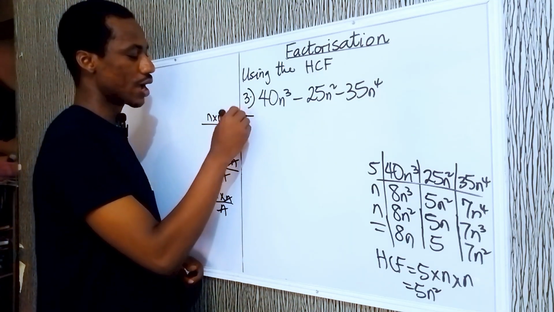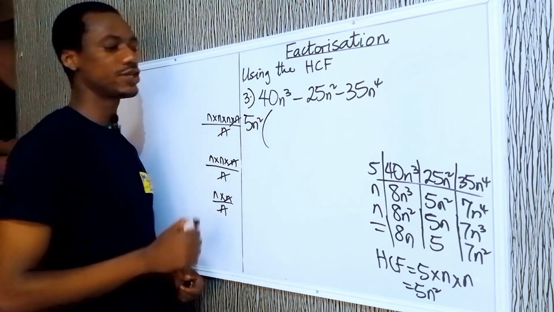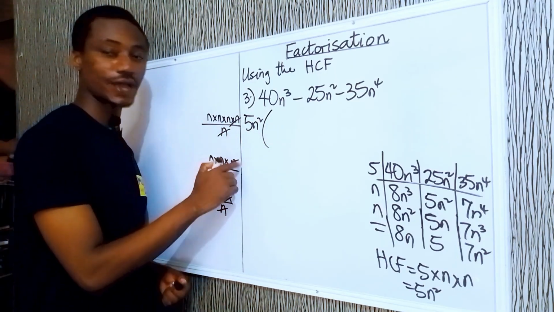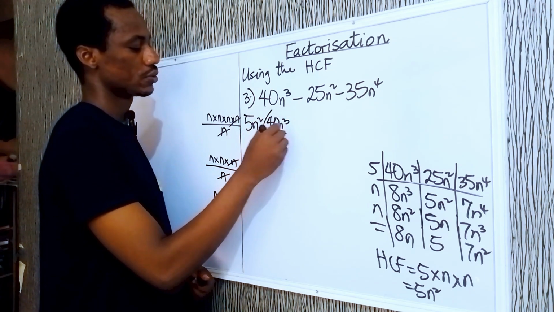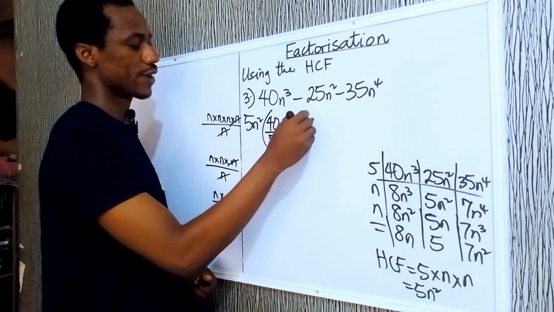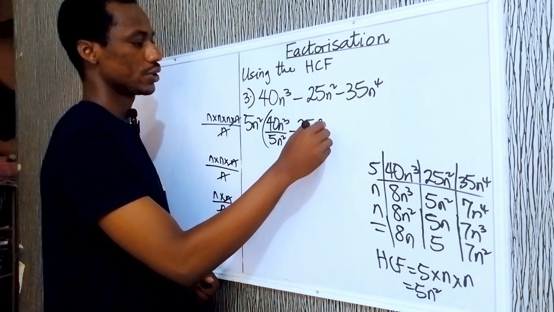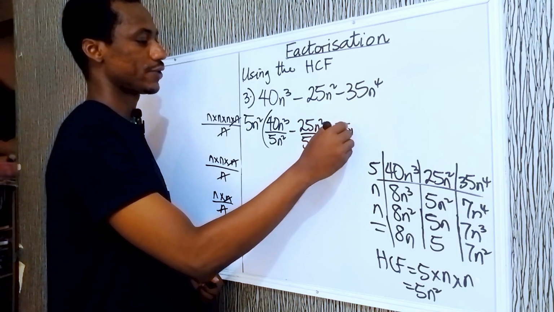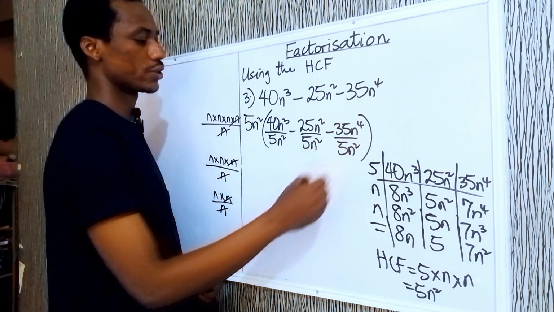So we factor out the 5n squared, and then we divide each term by 5n squared. 40n cubed divided by 5n squared, minus 25n squared divided by 5n squared, minus 35n raised to power 4 divided by 5n squared.